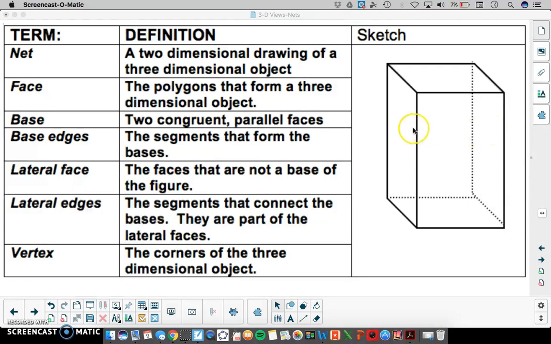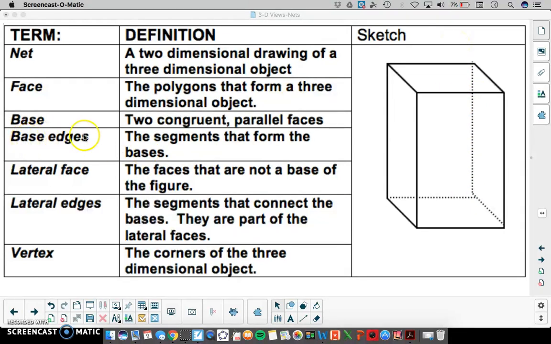So we could consider the left and right to be bases. Then we would consider the rest to be what are called lateral faces. These are the faces that are not a base of the figure. So if we consider the left and the right are bases, the rest of those rectangles would be our lateral faces.